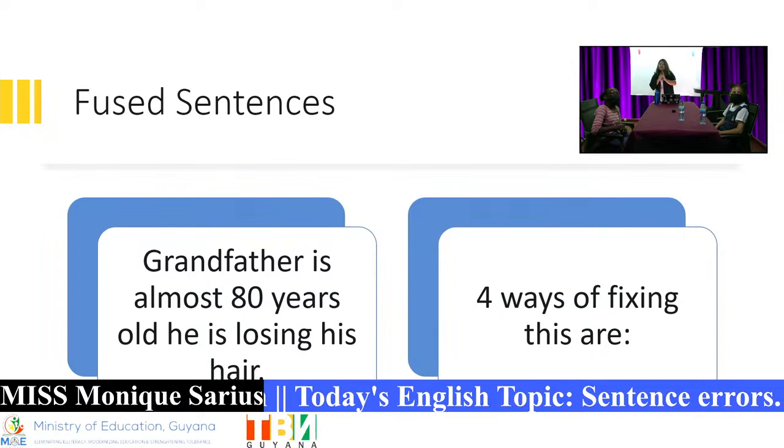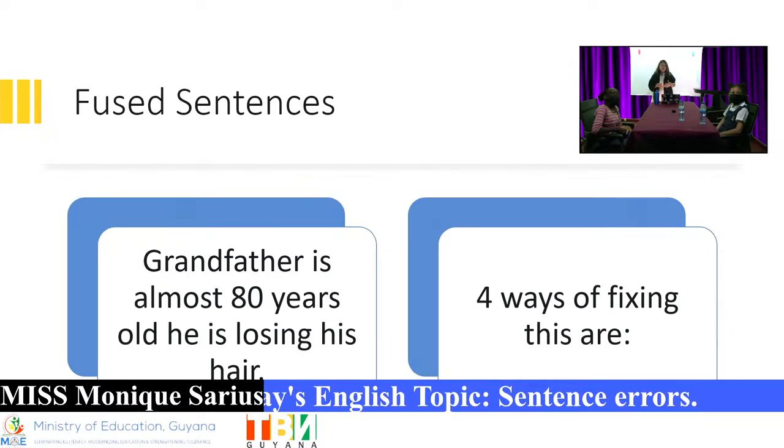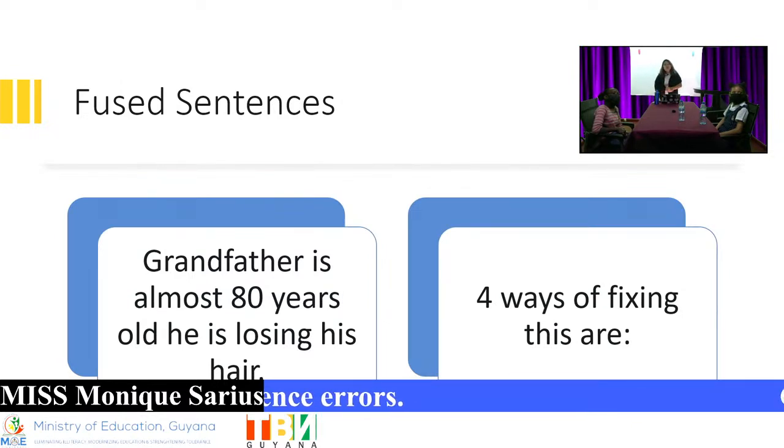So the minute you hear fuse sentences, you are supposed to be imagining they are how many. Is there one sentence here? Or are there multiple sentences here? Multiple. Good, because there's sentences there, right? So it could be two or more. Let's try to identify them. Grandfather is almost 80 years old. He is losing his hair. Tell me what's the first sentence here.